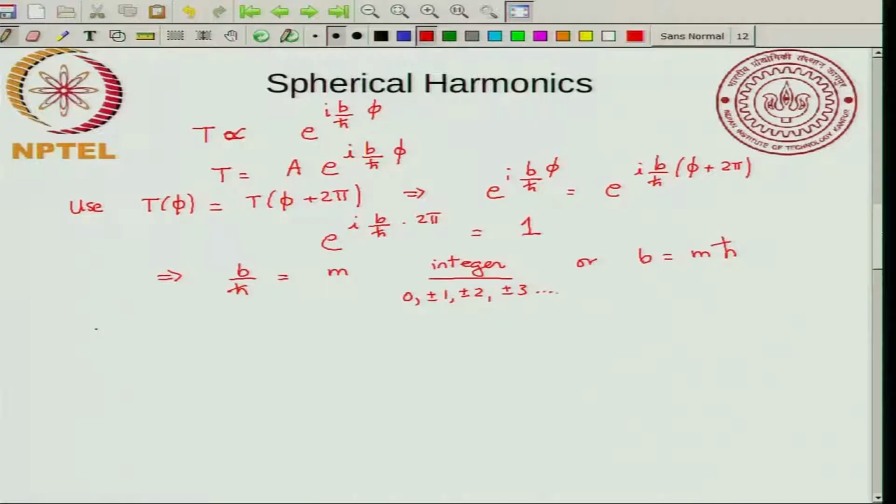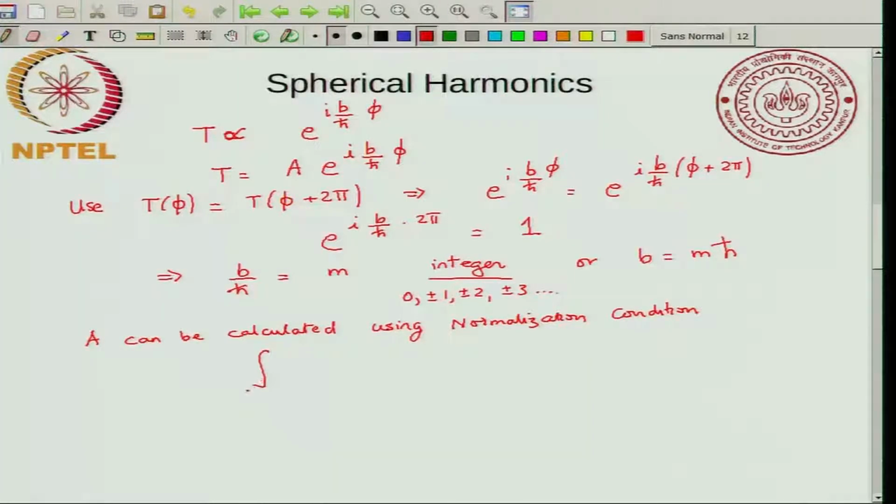Before I do that, I will just say that A can be calculated using the normalization condition.